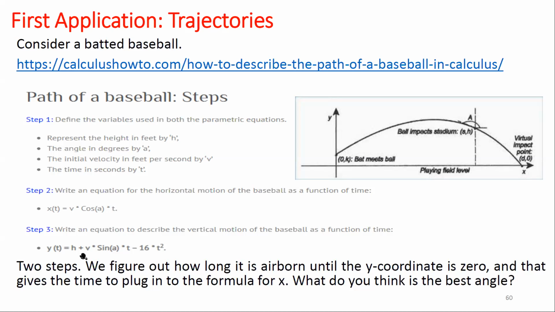It's 0. So how would we figure out when the y height is 0? Why don't we use the quadratic formula? So we would use the quadratic formula to solve when this equals 0, and that would give us a time. And once we know that time, how would we figure out how far it went horizontally? We would just plug in the time. Yeah.